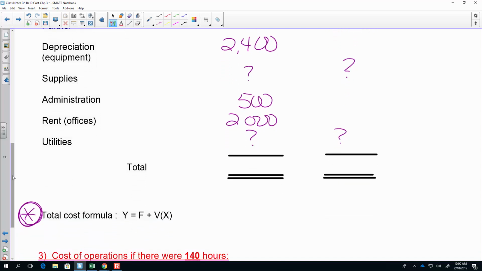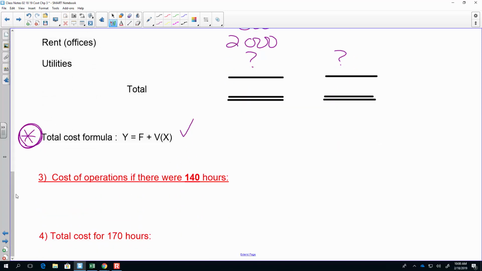That's it. You add up the columns, right? Add up all the fixed costs, add up all the variable rates, and you come up with an equation, and at that point we can make a prediction, right? What will the operation cost be at 140 hours instead of the 150 or the 120?